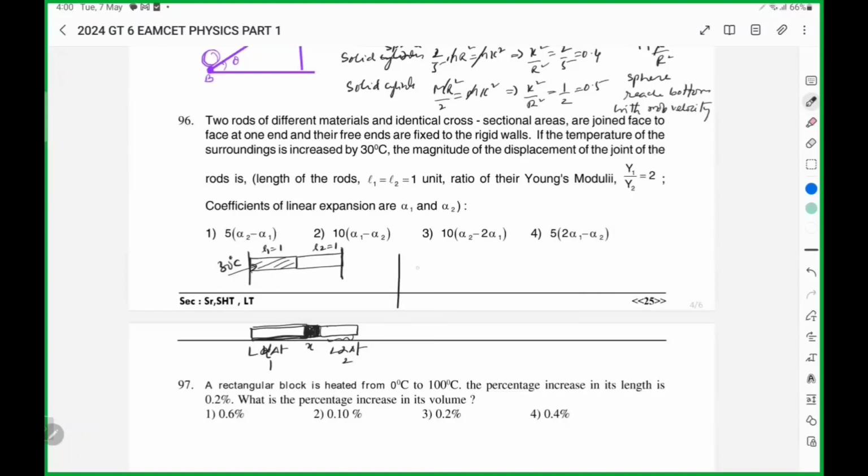So here, at some temperature, the magnitude of the displacement, force exerted. Young's modulus is stress by strain.